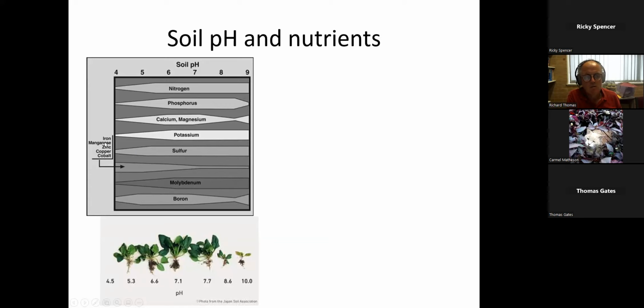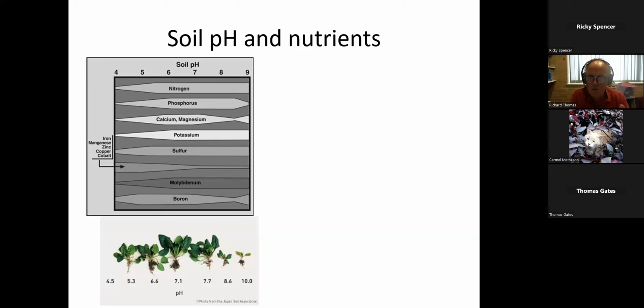but not for others. So the micronutrients like iron, manganese, zinc, cobalt, and copper are very poorly mobile at high pHs and can get trapped. And so don't think that just because you take a soil sample, dissolve it in a very strong acid in order to get it into solution, and measure the ion content of that soil, that gives you a measure of what's happening in the actual soil.